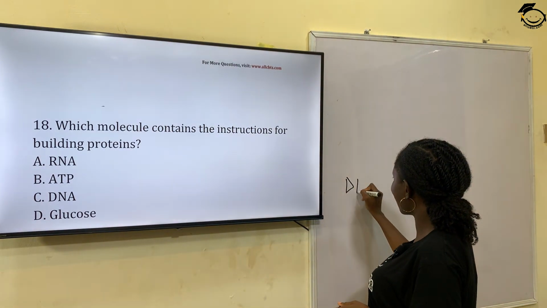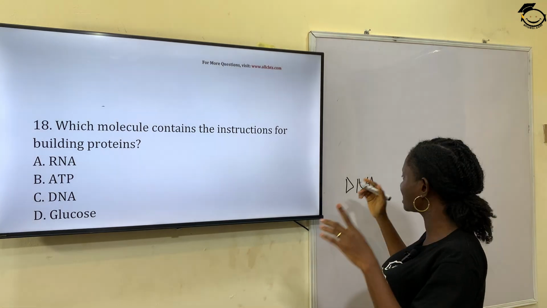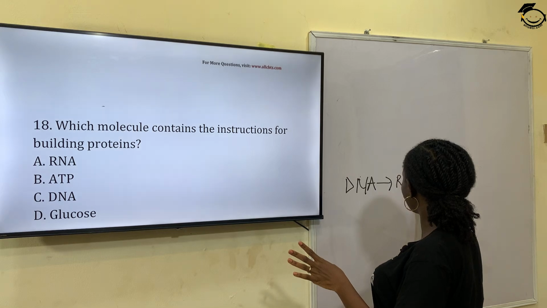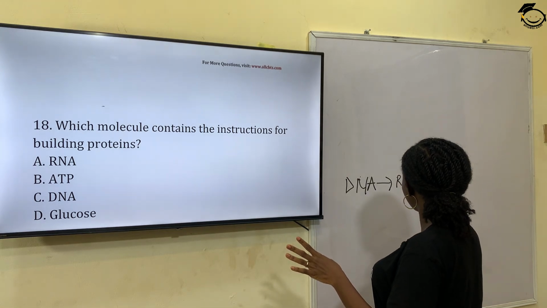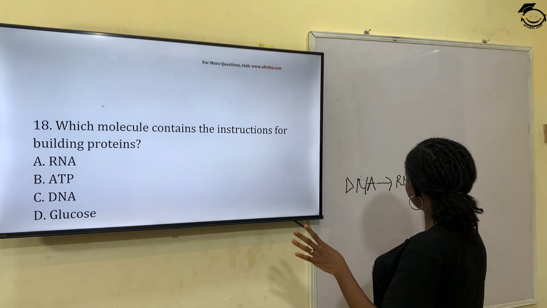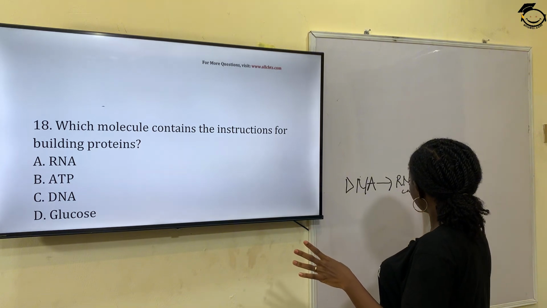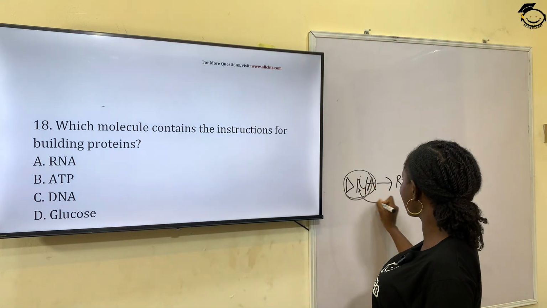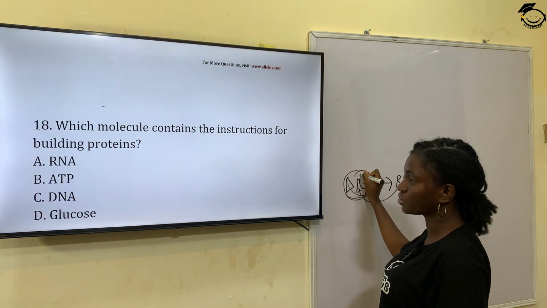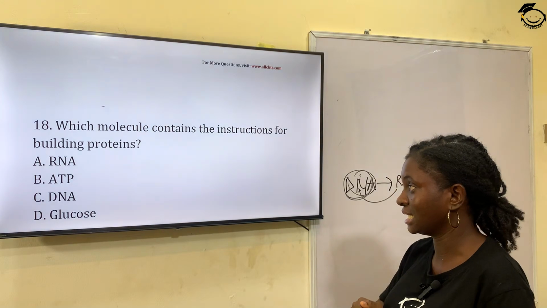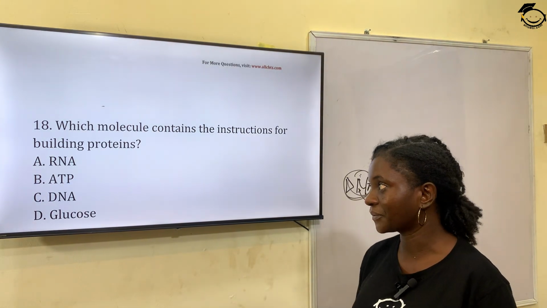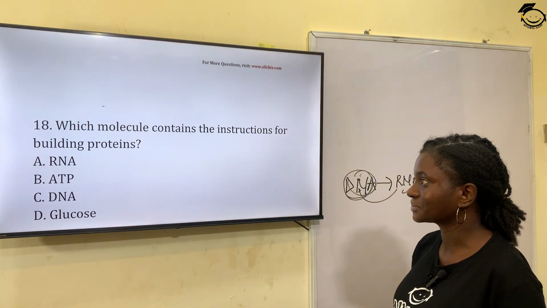Because of this flow: DNA contains the instruction, so DNA to RNA and to protein. RNA just carries it, but the instruction is contained in DNA. So the correct answer to this question is DNA, option C.